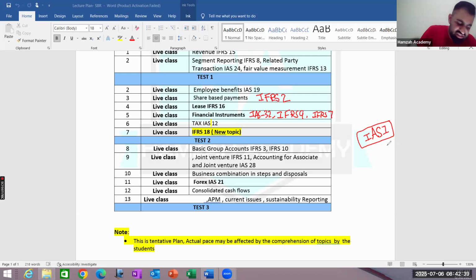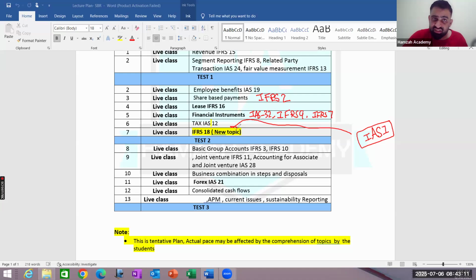Now, this IAS 1 has been replaced by a new accounting standard, which is IFRS 18. So the news is that we are not going to learn IAS 1 anymore, because now we have IFRS 18. IFRS 18 is the new accounting standard which covers preparation of the financial statements.